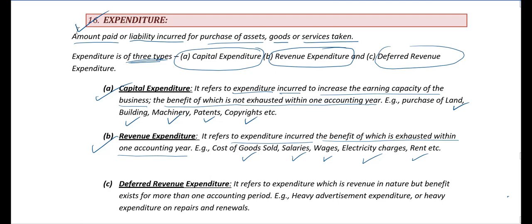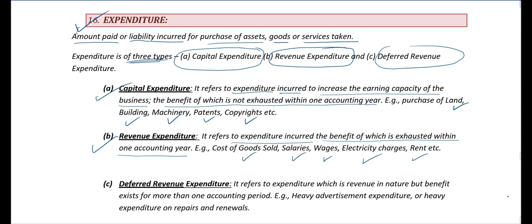So the benefit of the salaries expenditures gets exhausted in that one accounting period. Same for cost of goods sold. So after the sale happens in that particular year, in the next year you will still have to incur expenditure on cost of the goods which have been sold. So if the benefit of the expenditure is available for more than one accounting period, for example purchase of land, building, machinery, we refer to it as capital expenditure. If the benefit of the expenditure is going to get exhausted within one accounting period, we refer to it as a revenue expenditure.